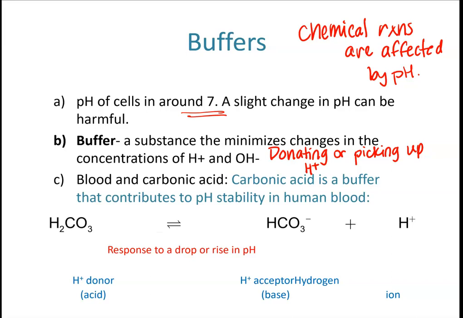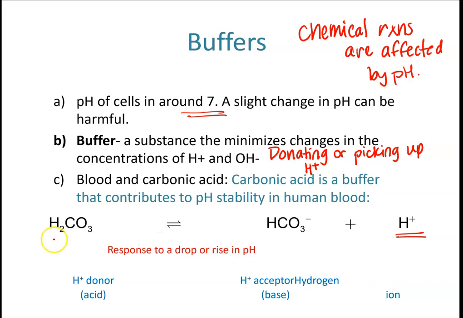Blood pH is really important, and our blood has a buffer called carbonic acid, and it helps stabilize the pH in human blood. If your blood pH changes too drastically, you can actually die from it. Carbonic acid works by donating hydrogen ions. Remember, we said that an acid is a substance that donates or increases hydrogen ions in a solution.